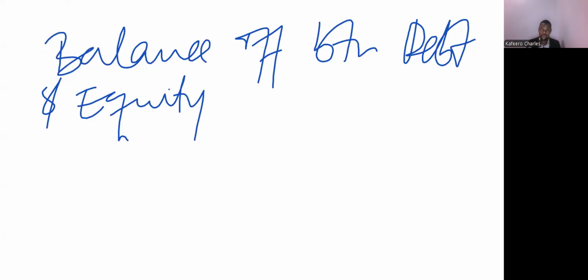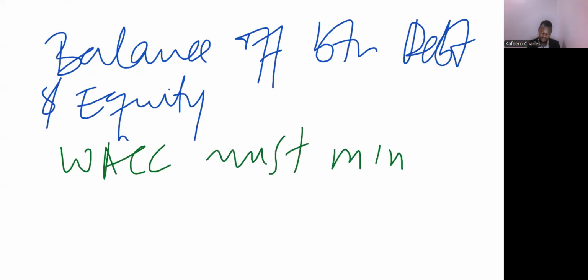For them, what they are saying is that the traditional theory states that WACC must be minimized. In other words, don't keep on borrowing, because you need to minimize the WACC such that the value of the company, or the market value of the company's assets, will be maximized.